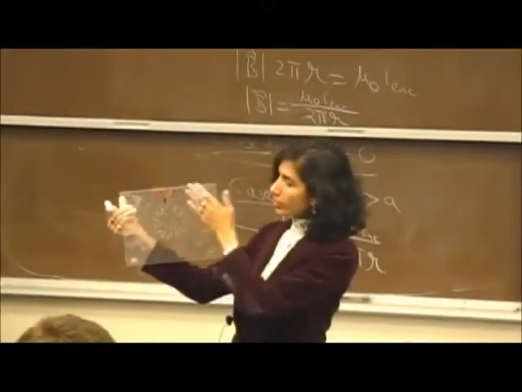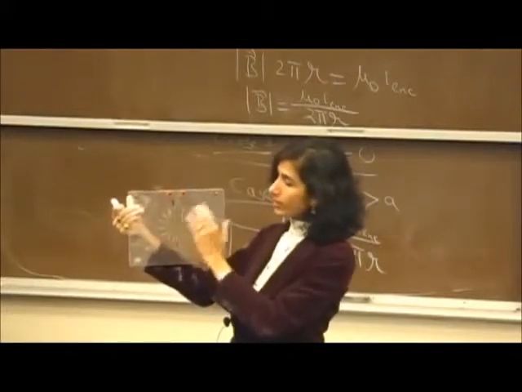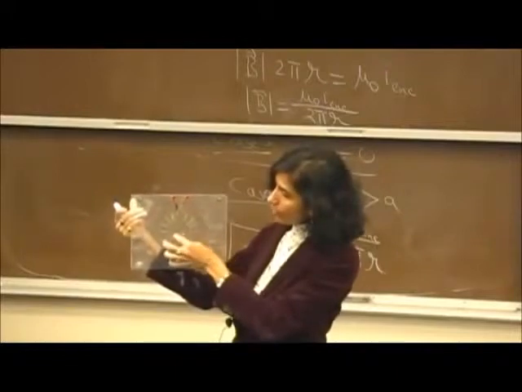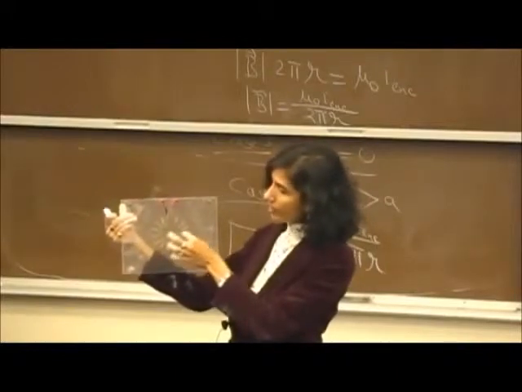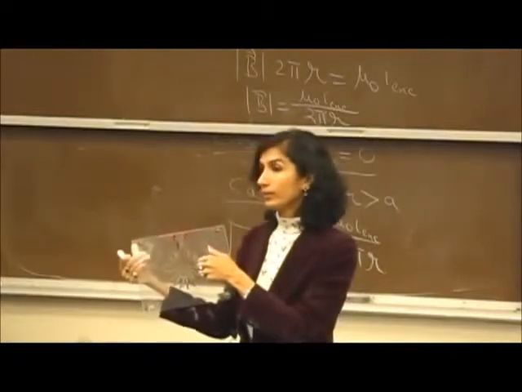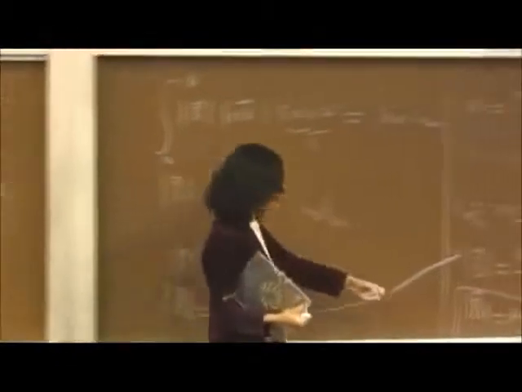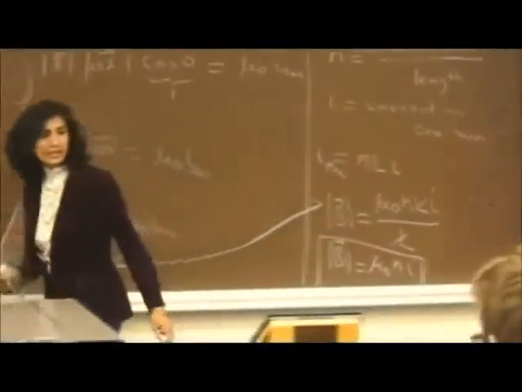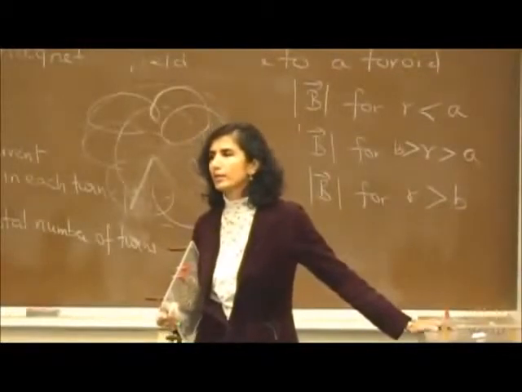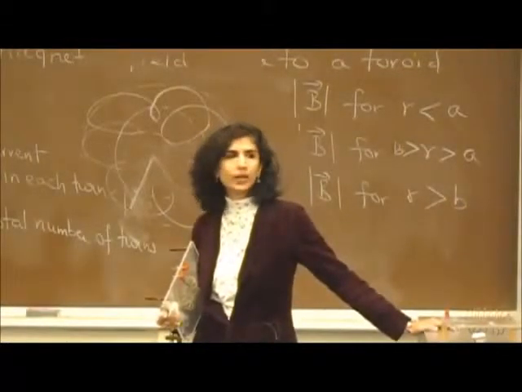Here the magnetic field is 0, here the magnetic field is 0, this is case 1, this is case 3, and in case 2, we are saying, yes, if you are looking at magnetic field at different distances r, things will depend upon r. In a solenoid, it didn't. But then we assume that the solenoid was infinite in extent. Any questions about this, folks? Anybody?